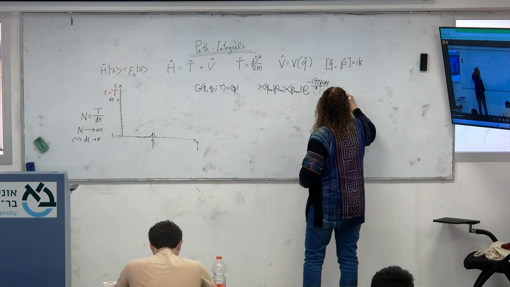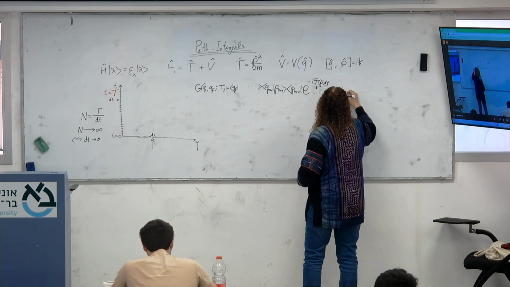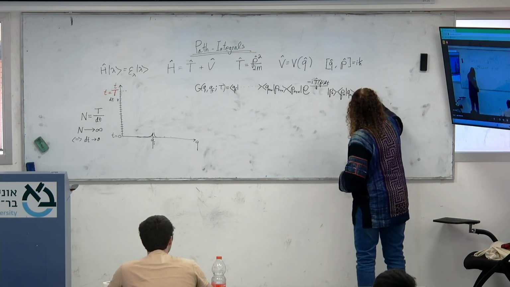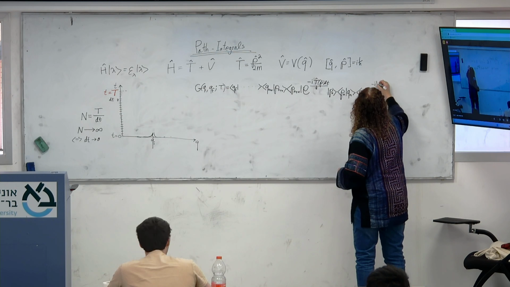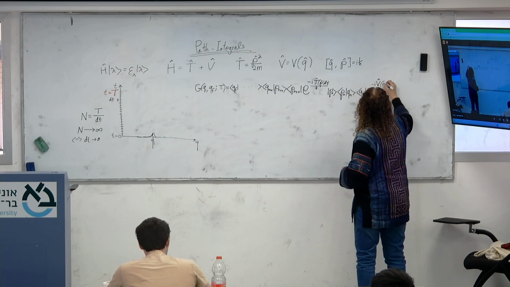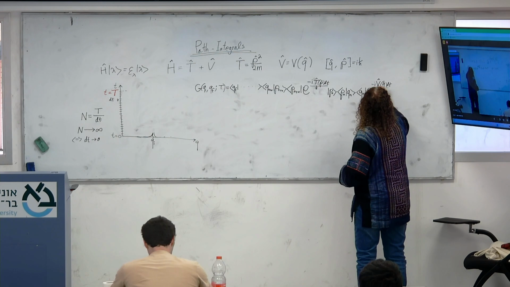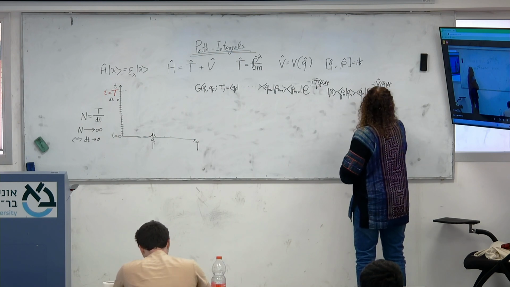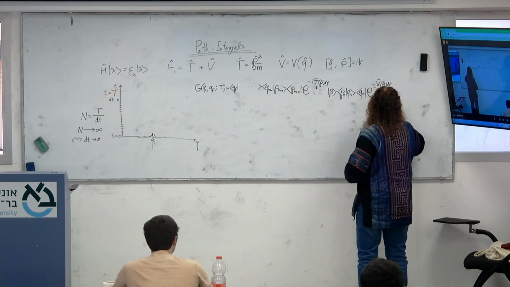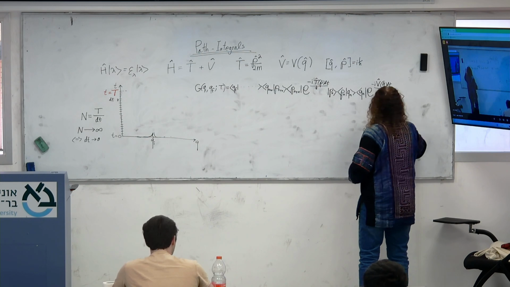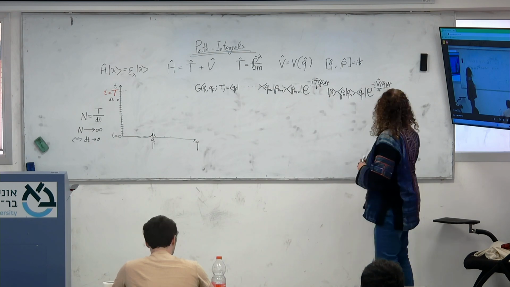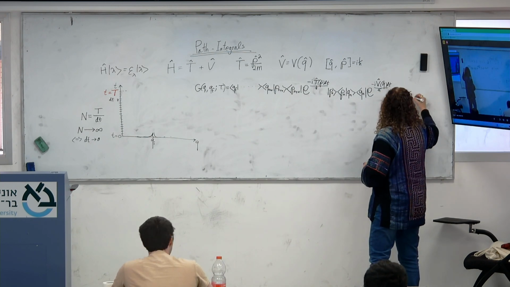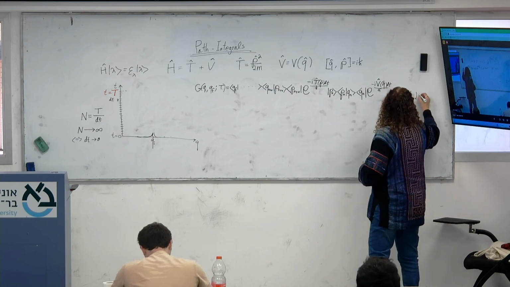Then I have Pn, Qn. Then I have Qn e to the minus i V of Q sandwiched between Qn and Qn minus 1. Okay? And then it continues. This will be Qn minus 1 and blah, blah, blah.